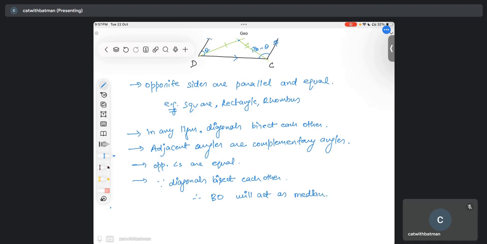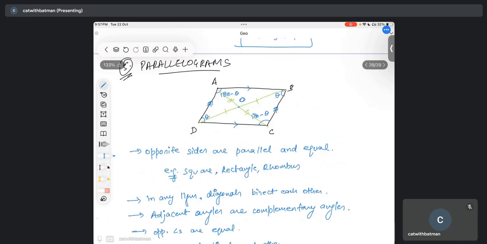So O will be the midpoint of AC. That means BO will be the median for triangle ABC. Similarly, O will be the midpoint of BD. So AO will act as median for ABD and CO will act as median for triangle BCD, right? And other triangles you can draw and find out.